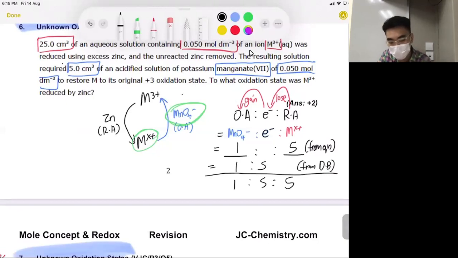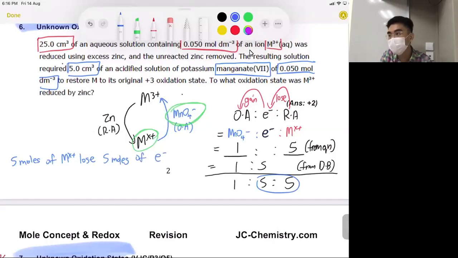So if you articulate the ratio here, you must tell yourself that 5 moles of MX plus is losing 5 moles of electrons. Even if you don't write this out, at least articulate that in your head, right? So you ask yourself, this is your RA, lose electrons, 5 moles lose 5. That tells me that 1 mole of MX plus loses 1 mole of electrons.